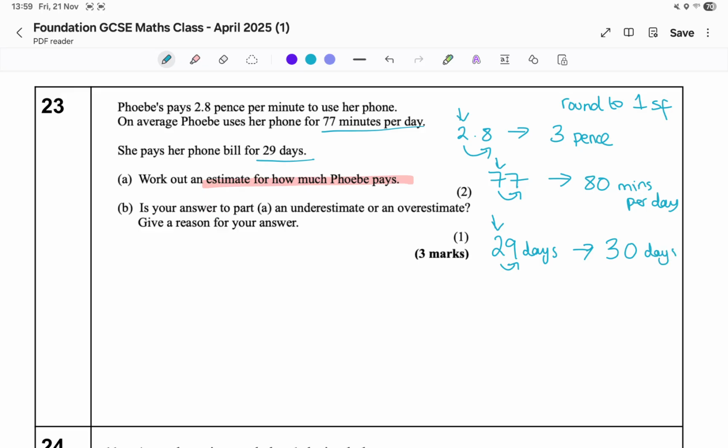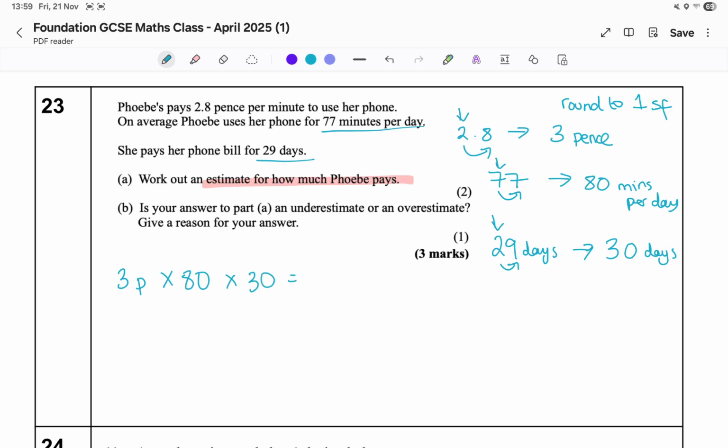So I've got more manageable numbers now. Work out an estimate for how much she pays. If she's paying 3 pence per minute and she's on the phone for 80 minutes, and she pays her phone bill for 30 days, that's 3 times 80 times 30.